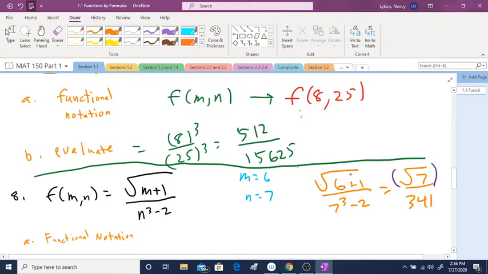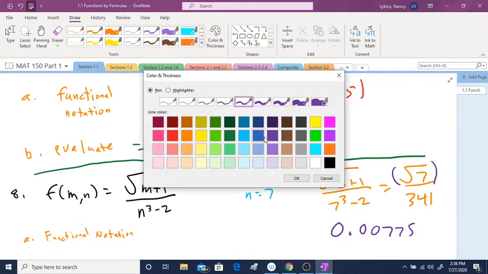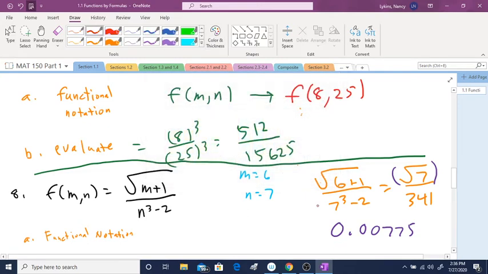So you would say square root of 7, hit enter, divided by 341, and you should come up with a small number, 0.00775. So it just depends on what they want you to do. If they say, okay, round it to the nearest, say, thousandth, then that could be 0.008.